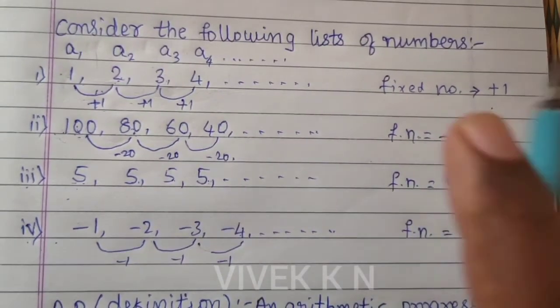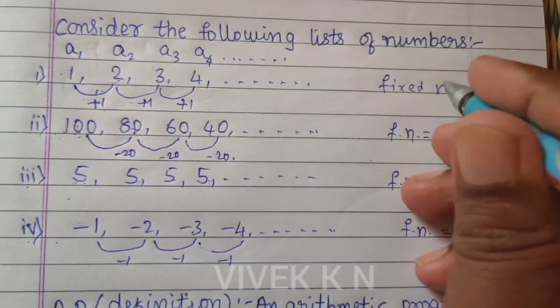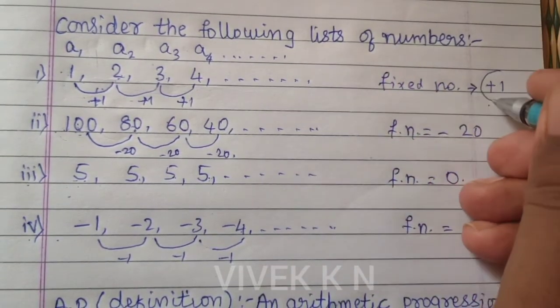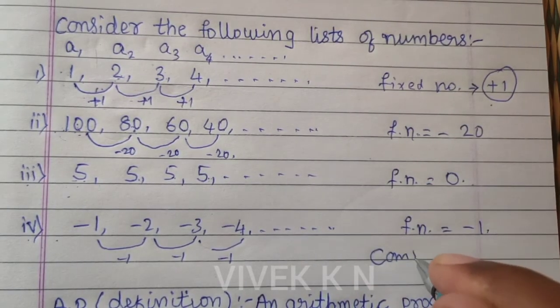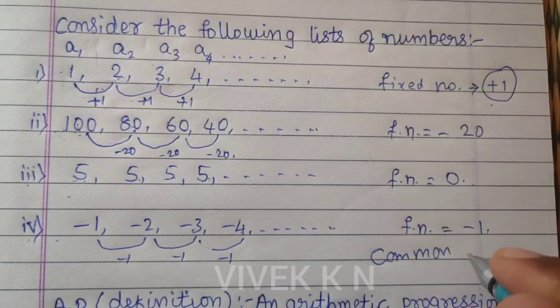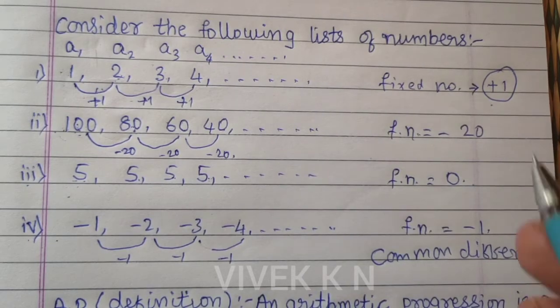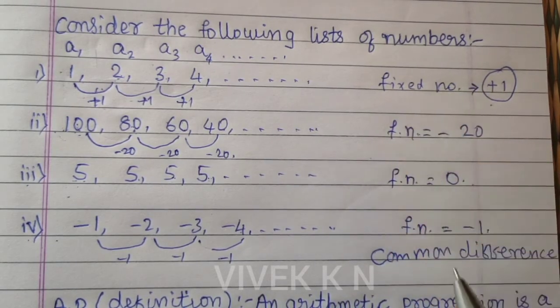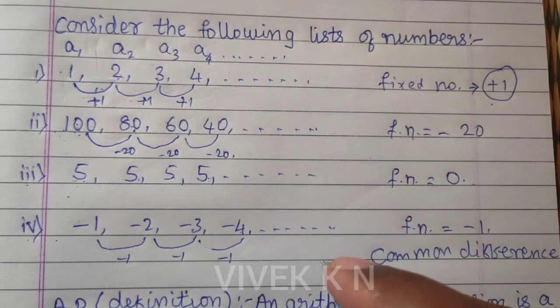Here in the first sequence, the fixed number is +1. This fixed number is called the common difference. All these fixed numbers are called common difference. Common difference is denoted by small letter d.